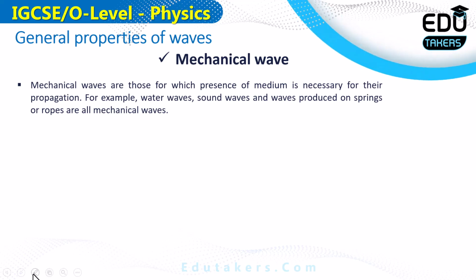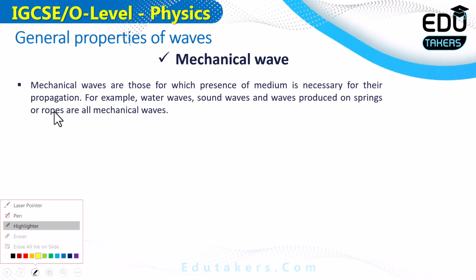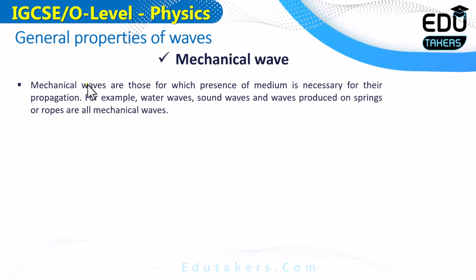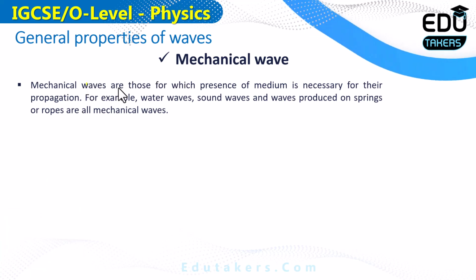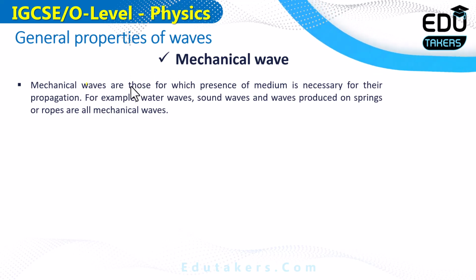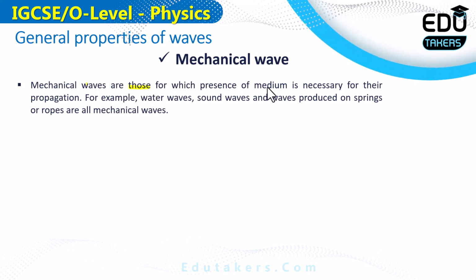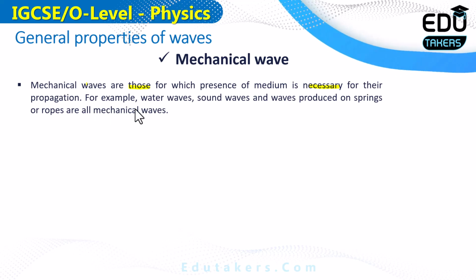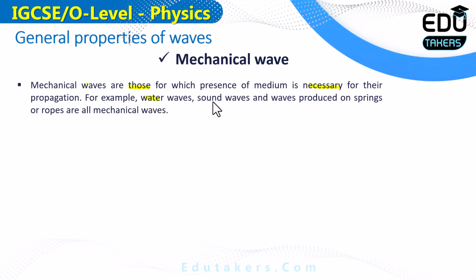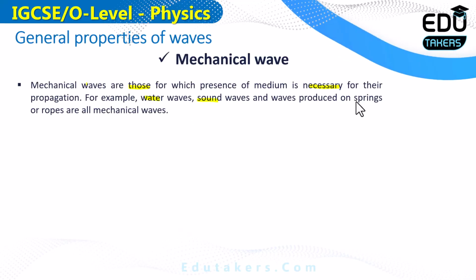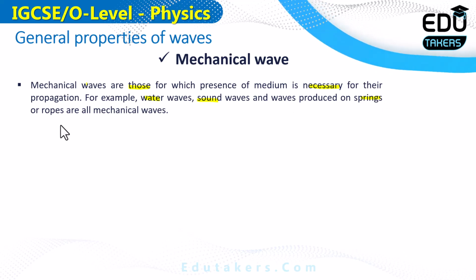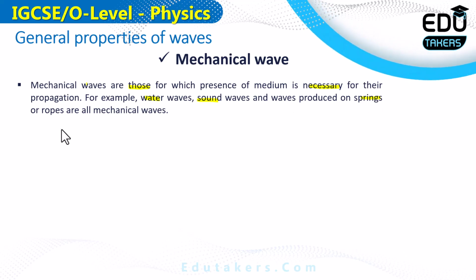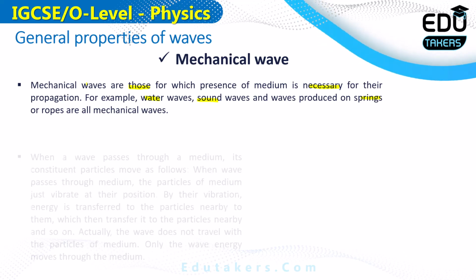Further, we will see how mechanical waves are created in a string. So here is the definition: these are waves for which the presence of a medium is necessary for their propagation, for example water waves, sound waves and waves produced on springs or ropes.